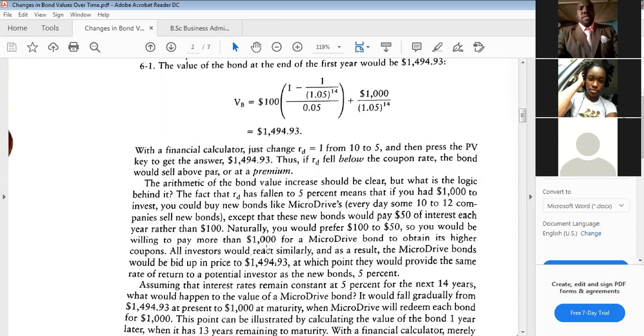All investors would react similarly, and as a result, the Micro Drive bonds would be bid up in price to $1,494.93, at which point they would provide the same rate of return to a potential investor as the new bonds, 5%.